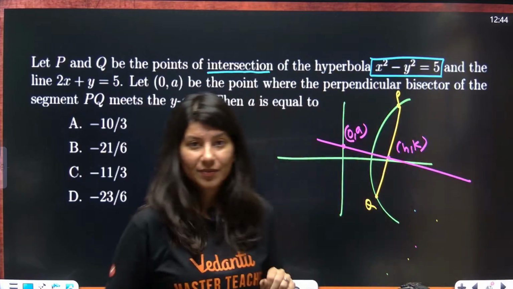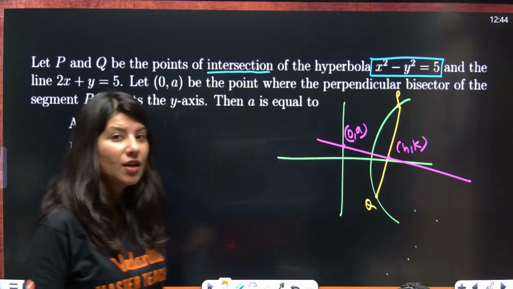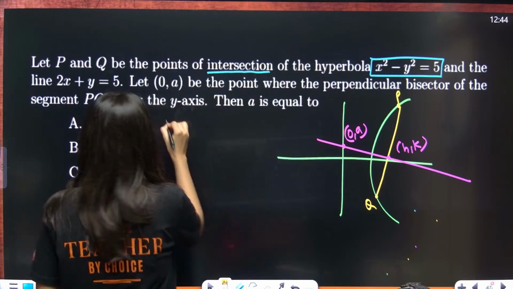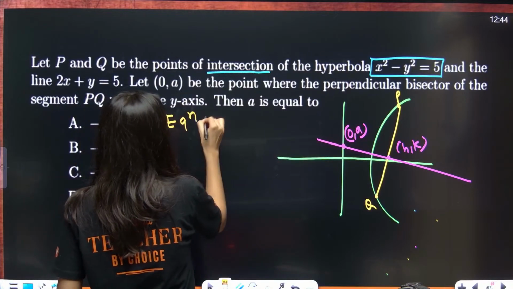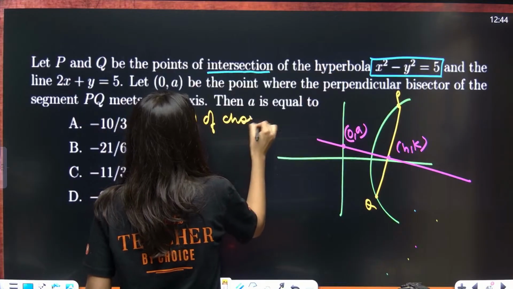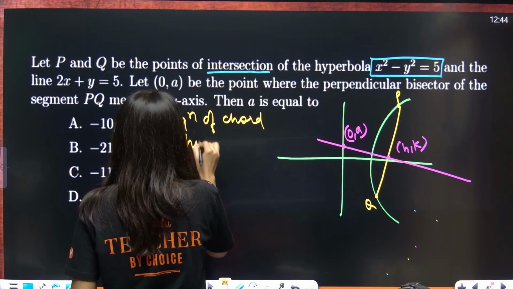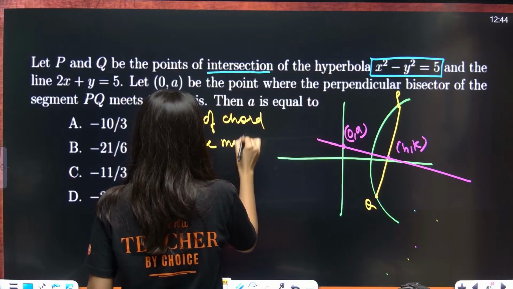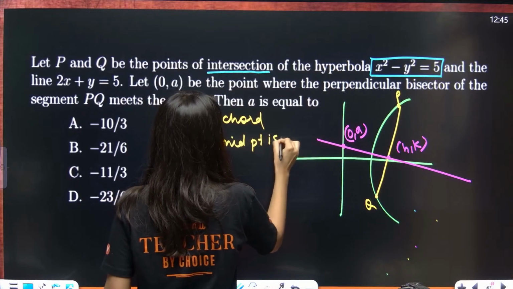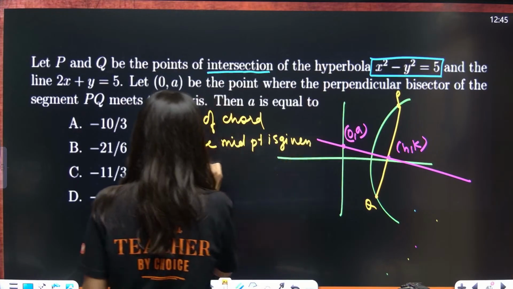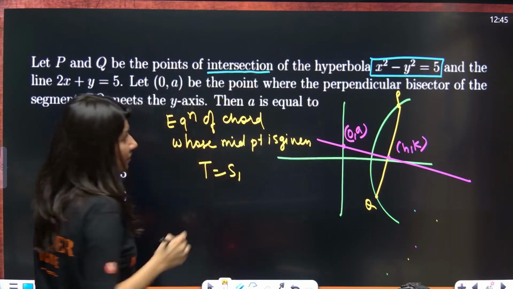Now hold on. Do you remember that concept? Equation of chord whose midpoint is given. Can I write it? Yes. That is T is equals to S1. H comma k.